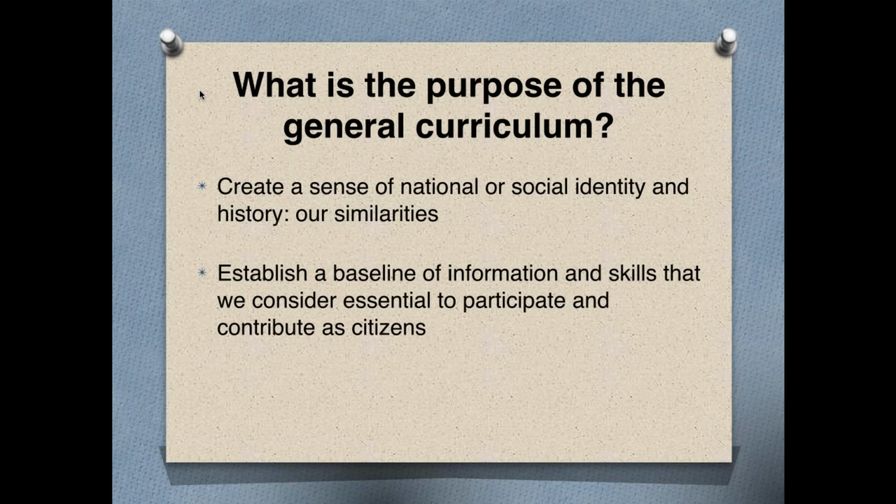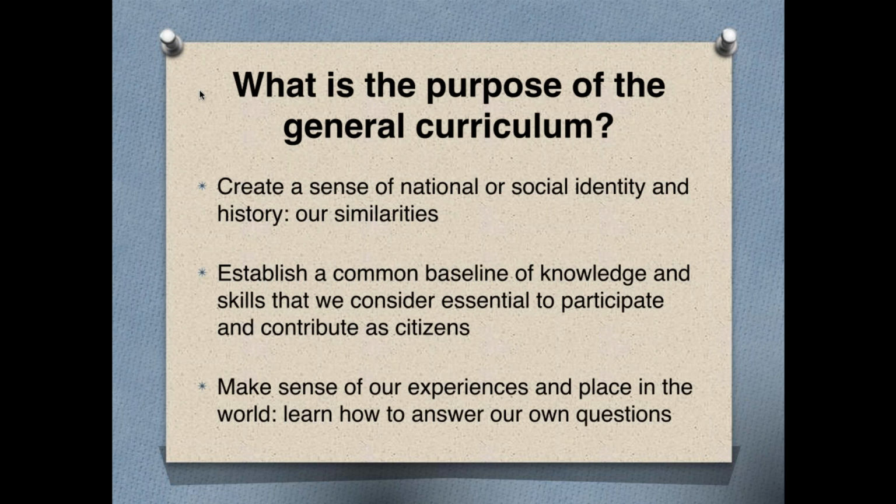Our founding fathers were very concerned about whether democracy could work, whether the public could become educated enough to be part of major decision-making processes. And so public education is founded on the idea that we can establish a common level of information, skills and knowledge all across our population so that everyone is enabled to participate and contribute as citizens.